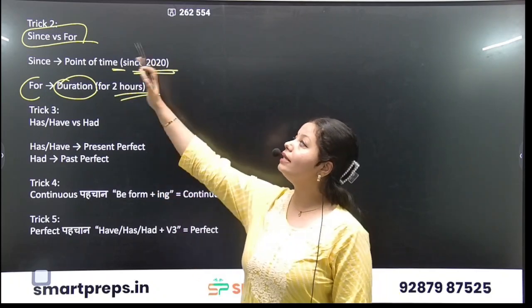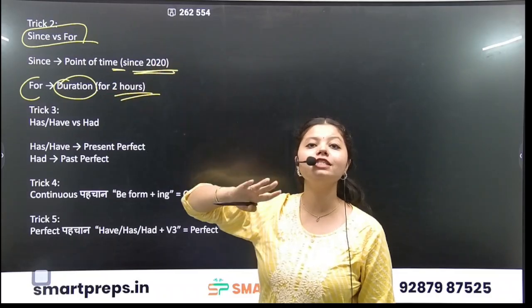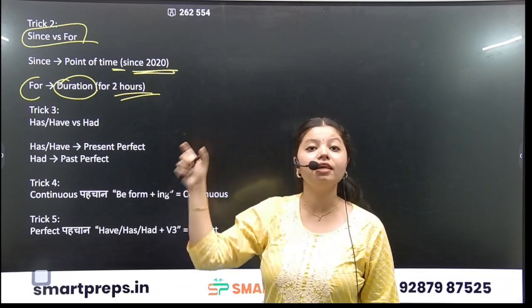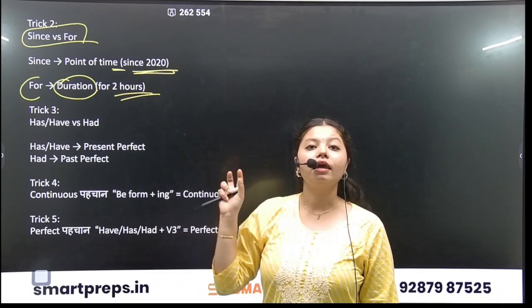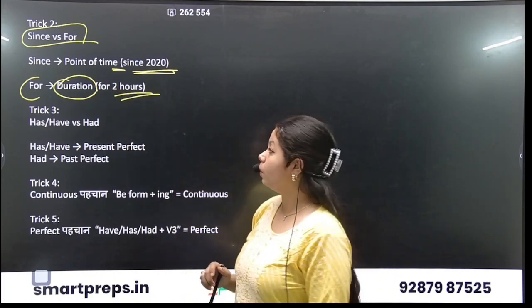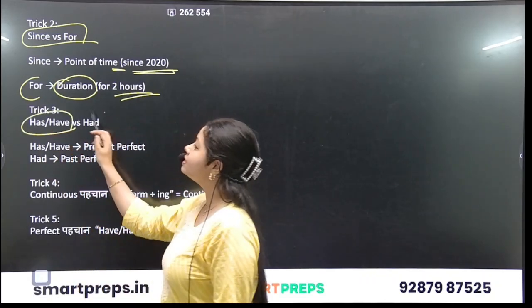So we have to understand the difference between since and for. For is for duration; since is for the definite specific year given in the sentence. Then we have to use since.